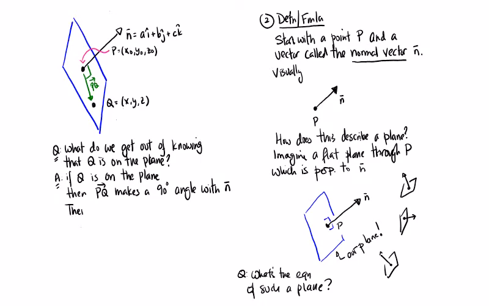What do we know about perpendicular? If two vectors are perpendicular, dot product 0. So what this means is that N dot PQ must be 0.